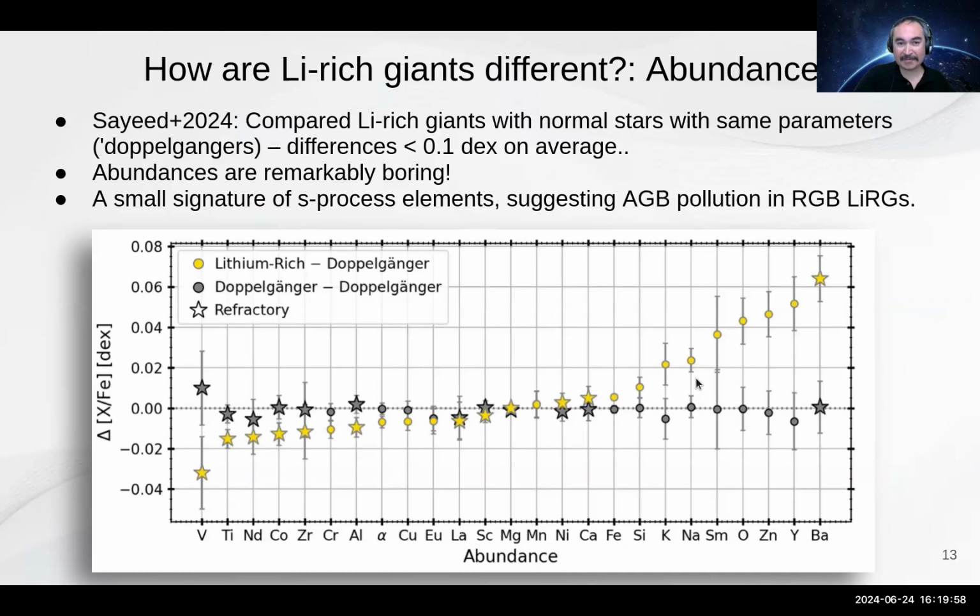They find a very small offset on average, but if you're comparing the doppelganger stars against lithium-rich giants, they're not finding a signature in sodium there. Do you have a reference for that? I'm not sure why this would be a different result. Definitely worthy of further discussion once we start having more discussions.